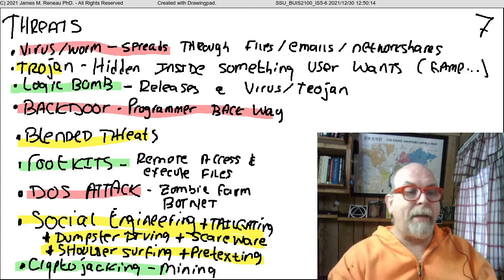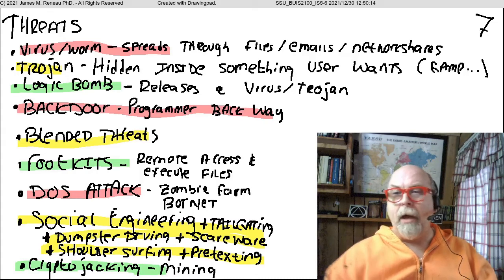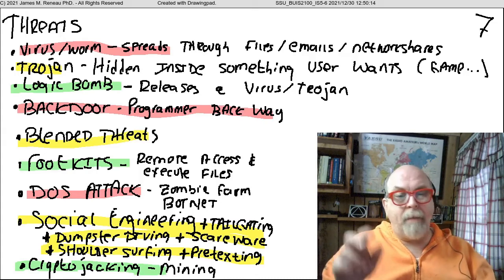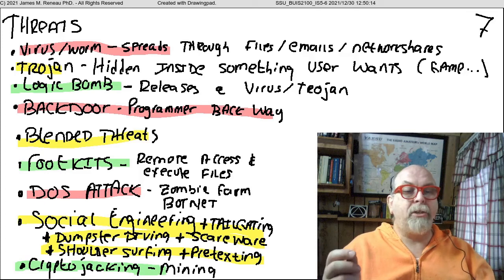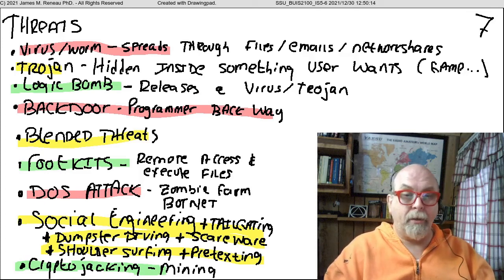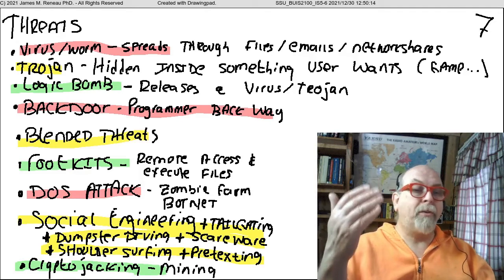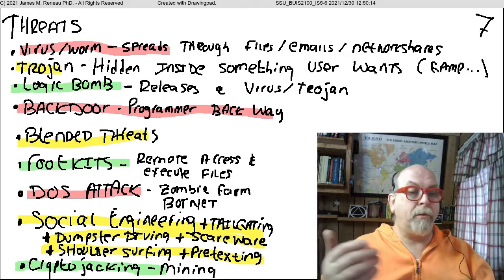So that's a rootkit. Basically, it is a way to sneak in and break something, break a running process or some other vector in that lets you have remote access and execute files remotely on a server. So that's called a rootkit. And sometimes a virus or a Trojan will carry a rootkit or a keylogger or something else.